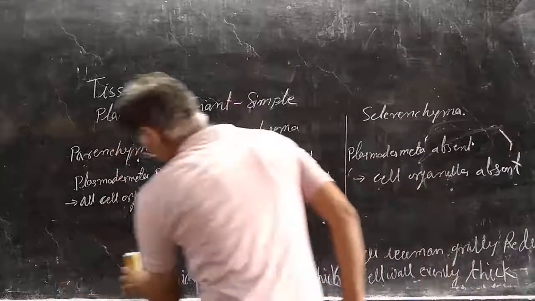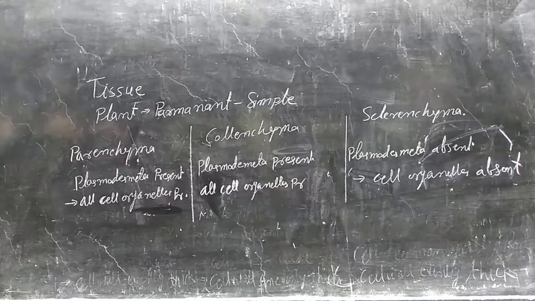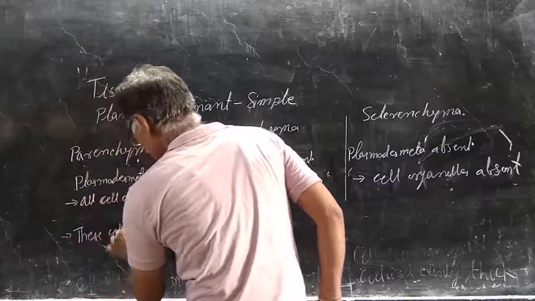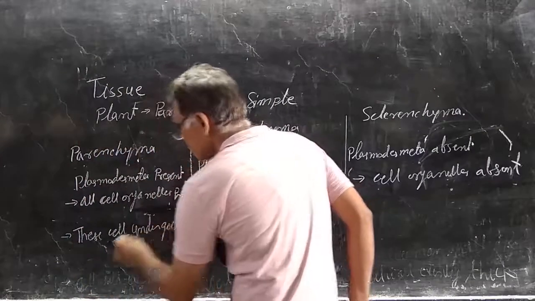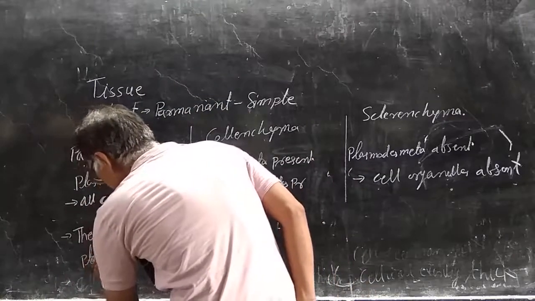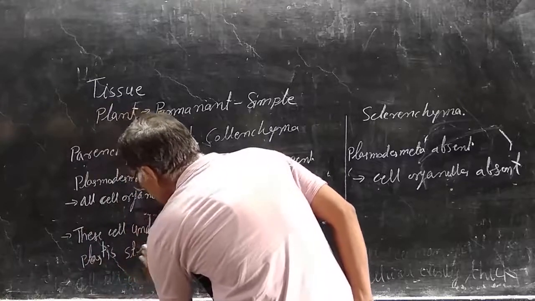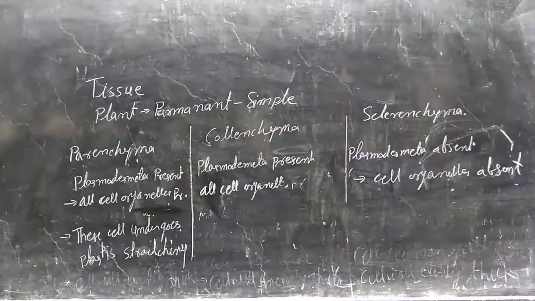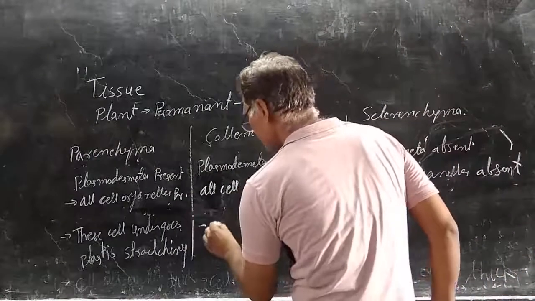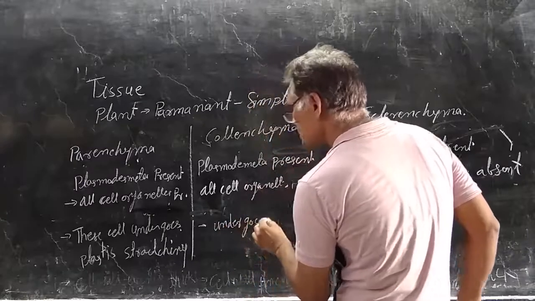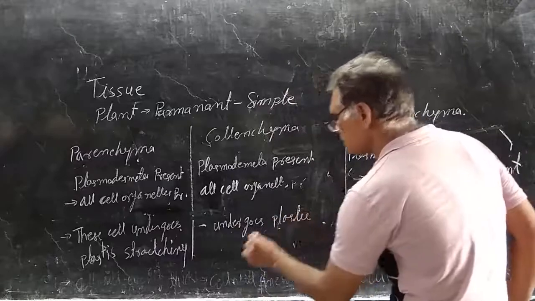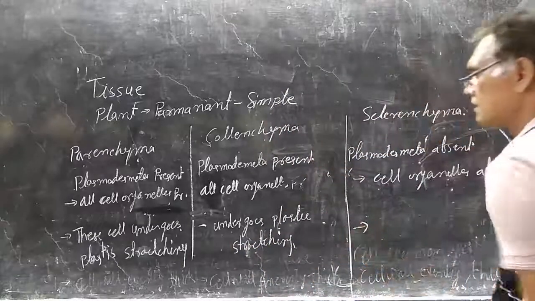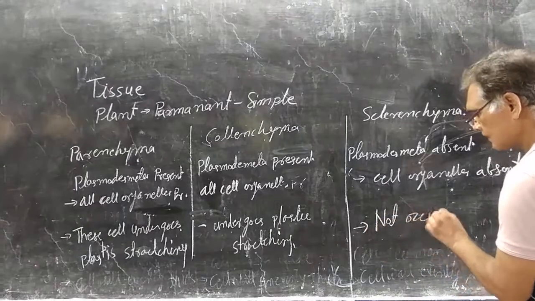Then the parenchyma cells undergo plastic stretching, meaning they are stretched. Collenchyma again undergoes plastic stretching, but here not. These are rigid cells.